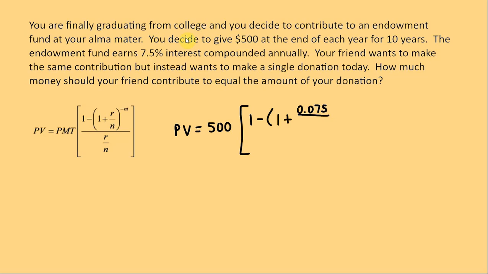And you are making this contribution at the end of each year. So that would be once a year, and, well, the interest is compounded annually. So that would be once a year. And we're raising that to the negative number of times per year. So that's annually for 10 years. So 1 times 10.